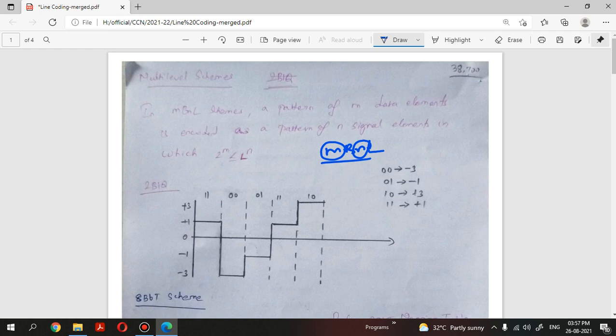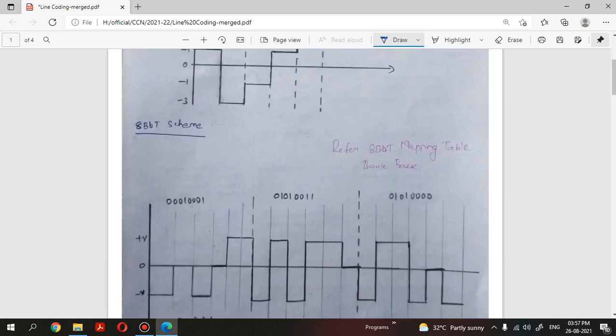In a multi-level scheme, two data elements are encoded in one signal element. This dotted line indicates one signal element. And in the case of 8B6T, eight data elements are encoded into six signal elements.